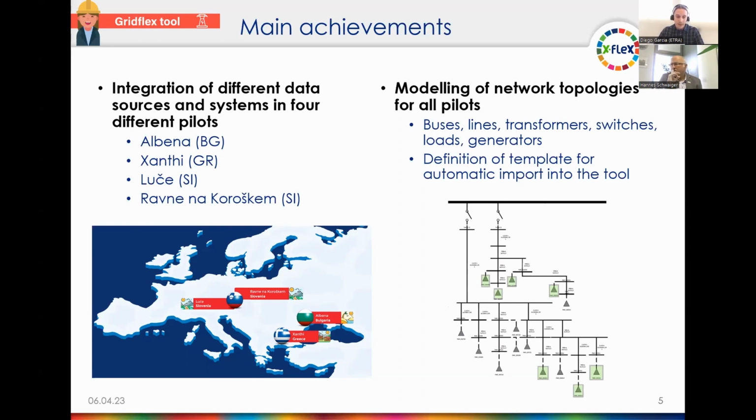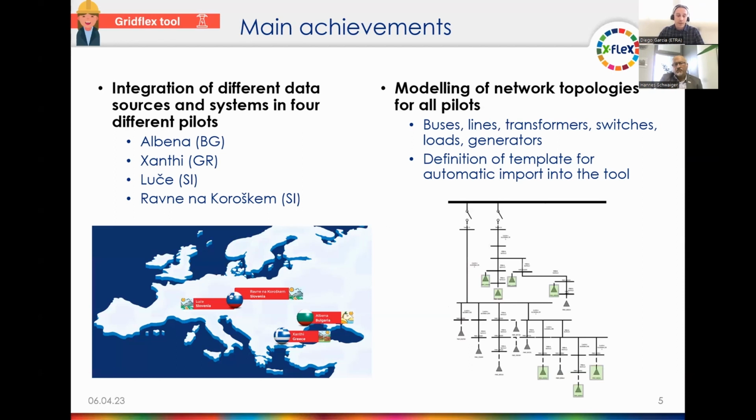So we are receiving data through the GRIDFLEX platform that I previously mentioned from systems in all of these pilots, and we have also modeled the network topologies in all of them. These include elements from the grid such as buses, lines, transformers, switches, loads, generators, and so on.